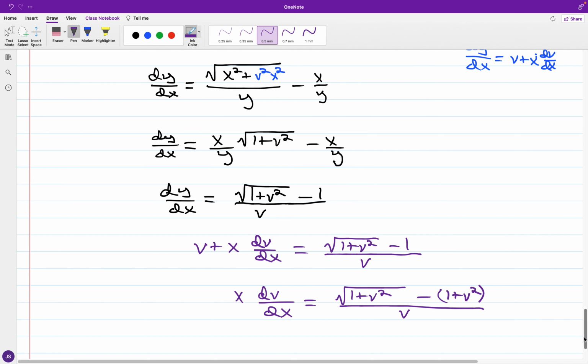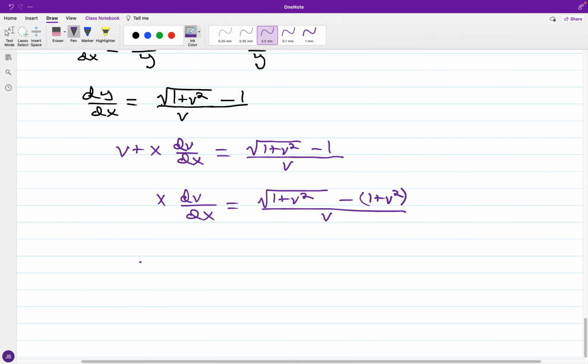And looking at separating the variables, we'll have v dv all over the square root of 1 plus v squared minus the quantity of 1 plus v squared is equal to dx over x.